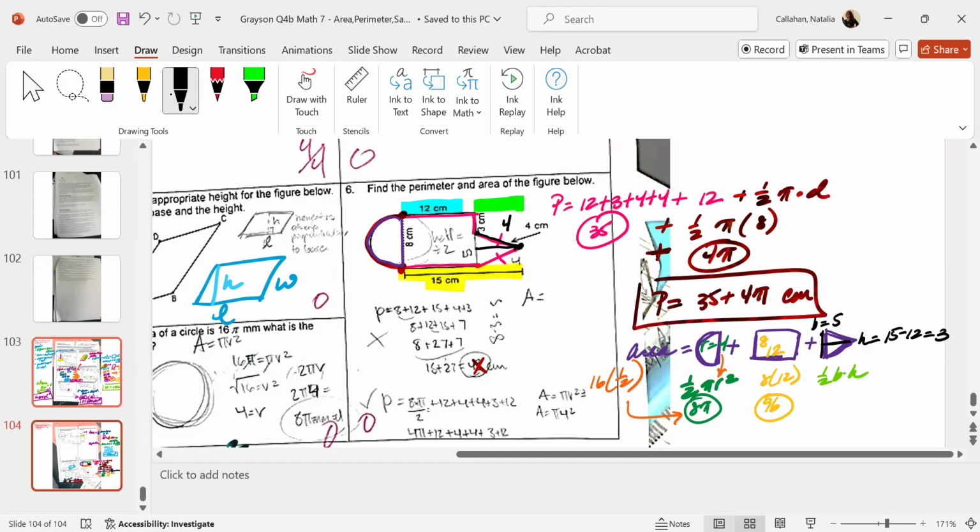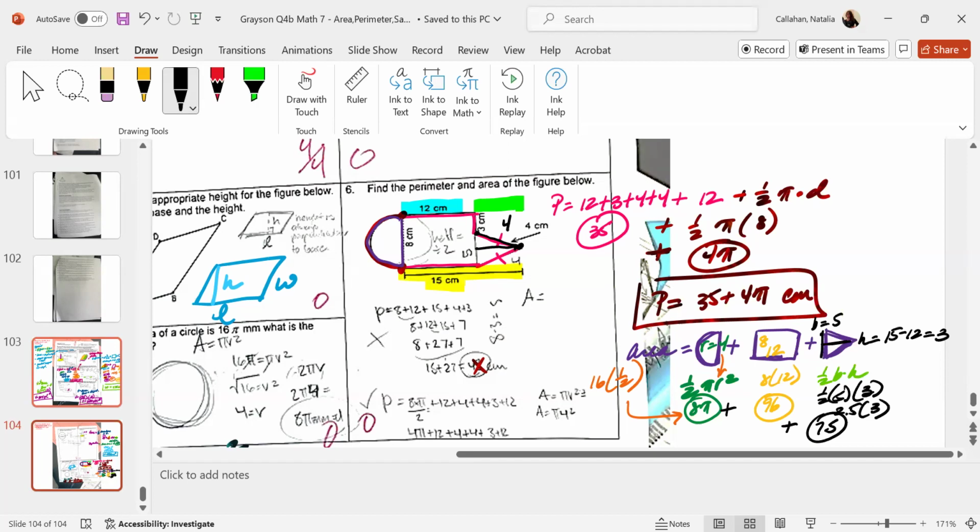So what's 15 minus 12? 3. 3, correct? That's your height, right? So you're gonna do 1/2 times 5 times 3, correct? You're gonna end up with a decimal because half of 5 is 2.5. 2.5 times 3 is 7.5. That's the area of the triangle.